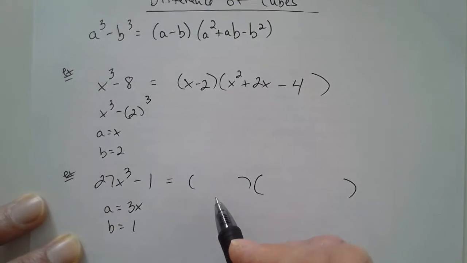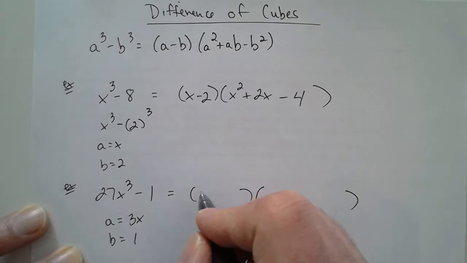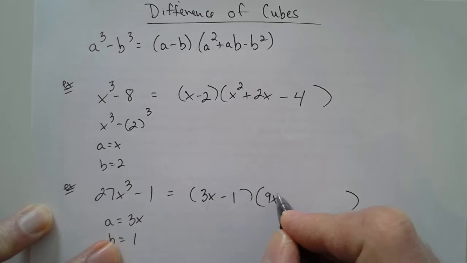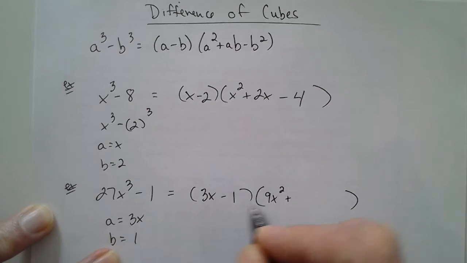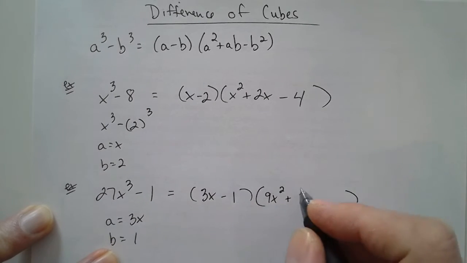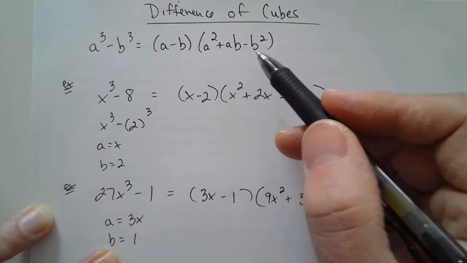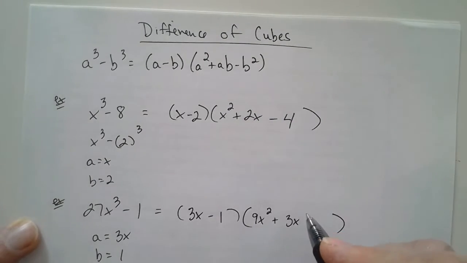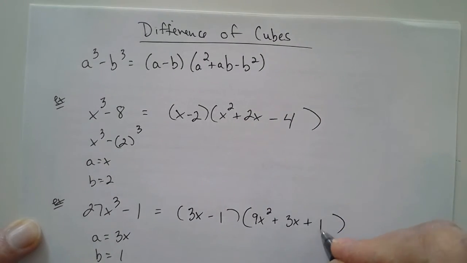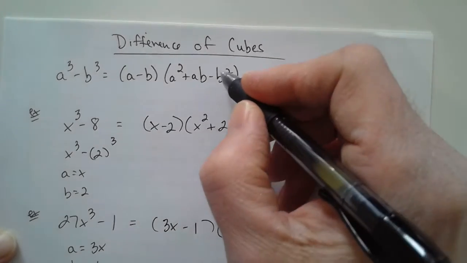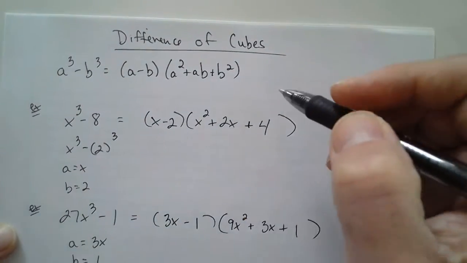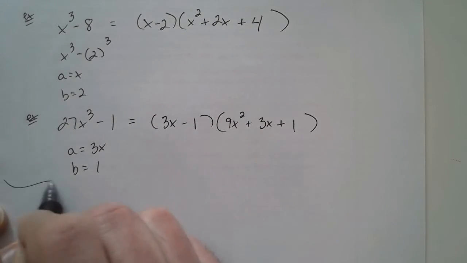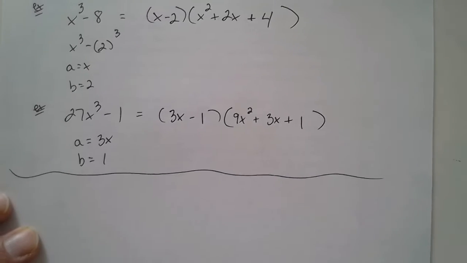All right, so using our formula, our a is 3x minus b, a squared plus a times b. I'm looking at my formula up there, plus b squared, which is 1. This should be a plus. Sorry about that. So that's a plus, and that's a plus. All right, so that would be difference of cubes.